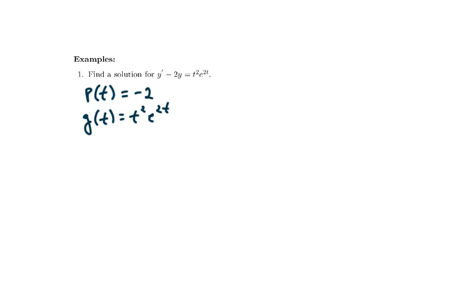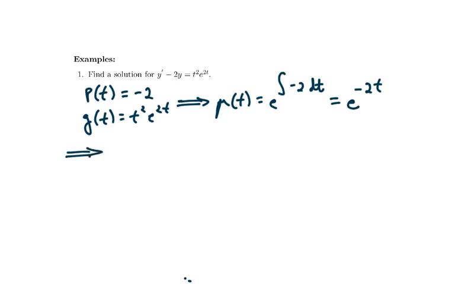So since we satisfy the linear condition, we can get an integrating factor that's given by e to the integral of -2 dt, which is e to the -2t. So this is our integrating factor. So in step 2, we want to multiply our equation through by this integrating factor.